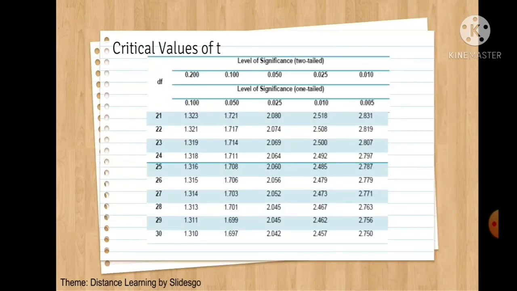So to determine, let us go back to the table of critical values. Again, we will use a two-tailed test, and the level of significance is 0.01. Our df is 24. That means our critical value is 2.797. Again, this is a two-tailed test, that is why we will have a negative 2.797 and a positive 2.797.